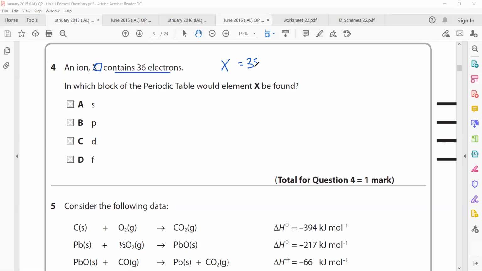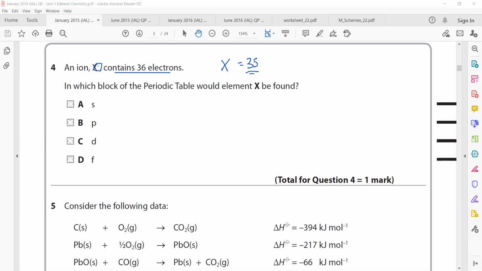So neutral X will have 35 electrons, because it took an electron. And in a periodic table, we have the position of elements, but not of ions.